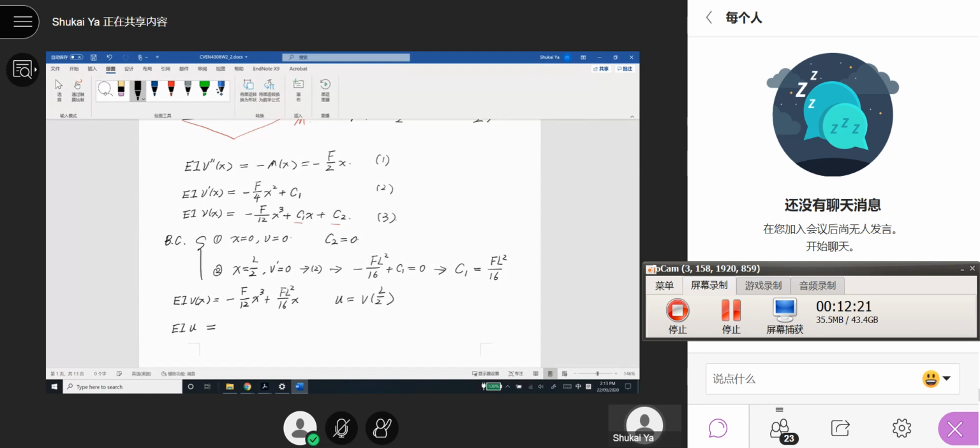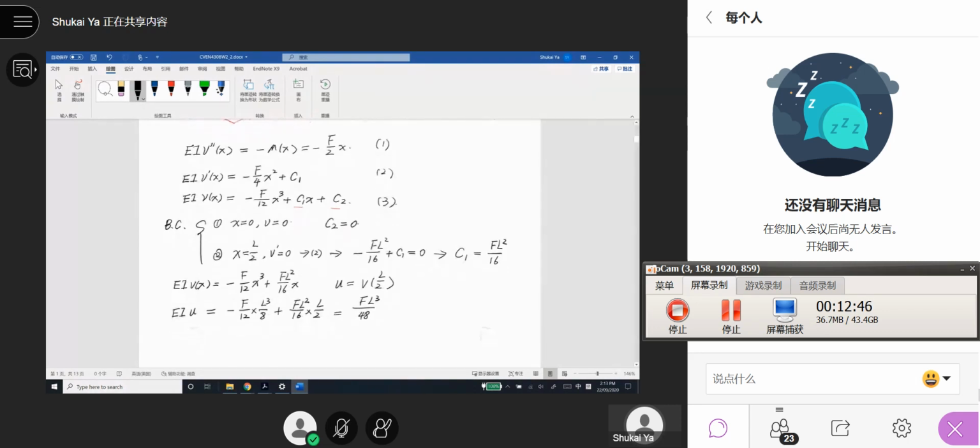EIU is equal to minus, and EIU equals FL cubed divided by 48.